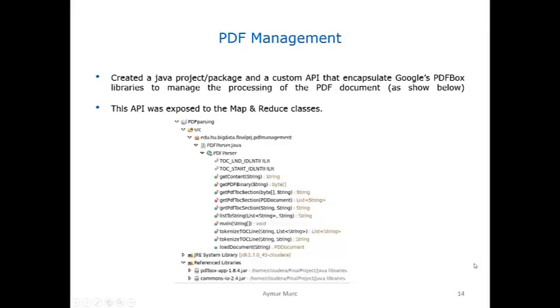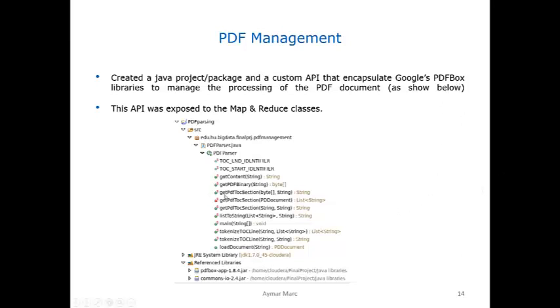Finally, let's look at one of the libraries I used for supporting the MapReduce processing, which is the manipulation of PDF, such as the extraction of content and the transformation from binary to textual representation. I created an API that encapsulated the PDF boxes.